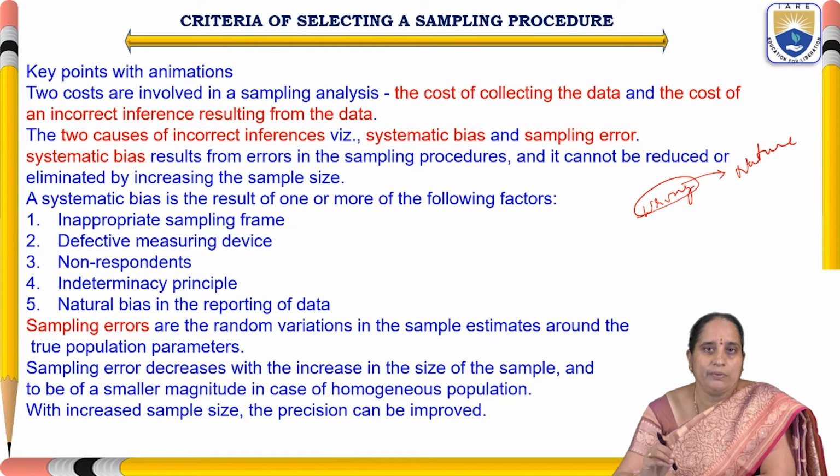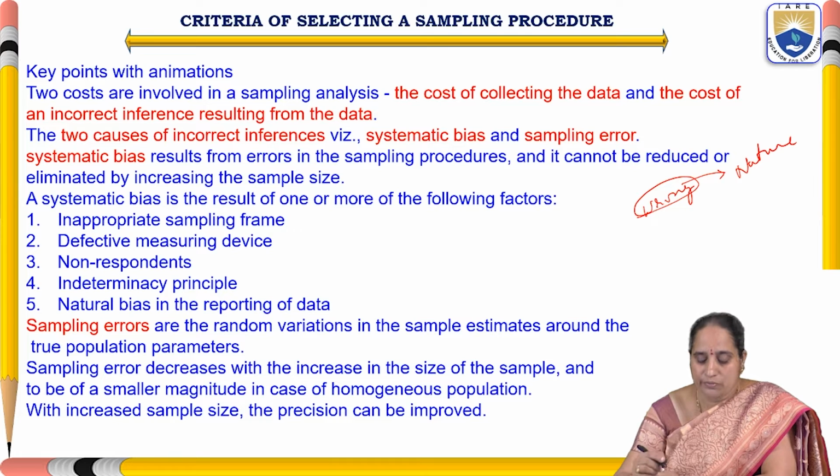It cannot be reduced or eliminated by increasing the sample size. So whenever you select a sample from the universe, we should be very cautious, and always apply an appropriate sampling technique.